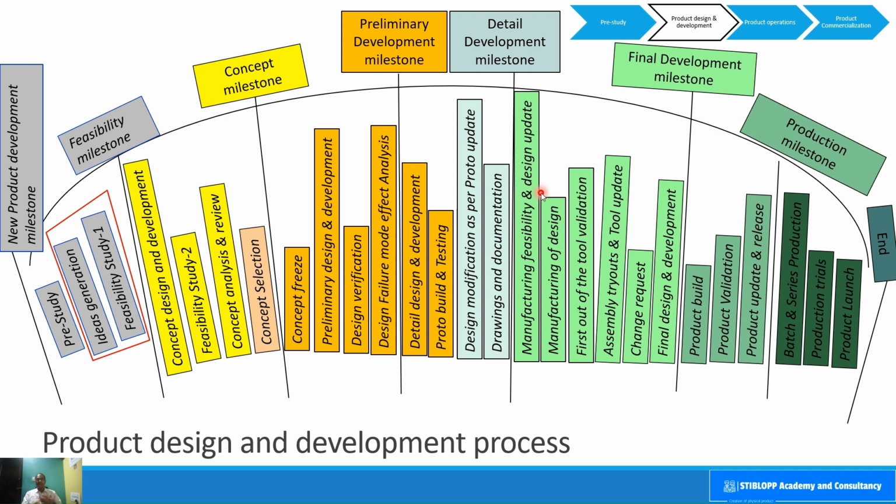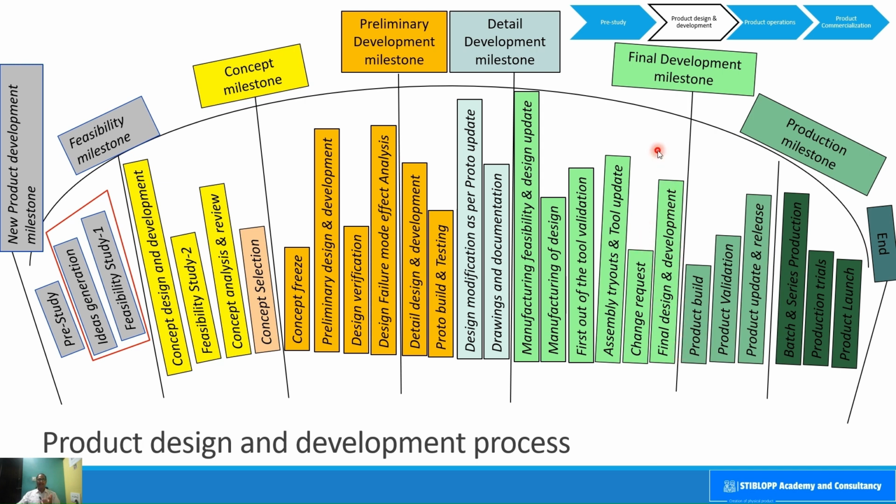All this feedback he gives us, that these are the changes that we have to do on our design, and based upon his feedback we create the change request in our internal system, and based on the change result we further modify our design. That is called the final design and development.